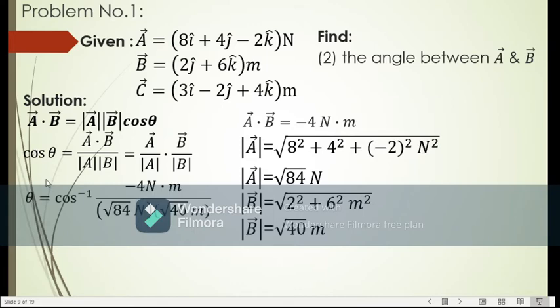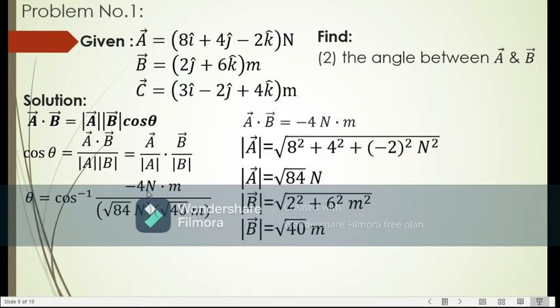So our angle is equal to the inverse cosine of A dot B, which is negative 4 Newton dot meter, divided by the magnitude of A, which is the square root of 84 Newton, multiplied by the magnitude of B, which is the square root of 40 meter.